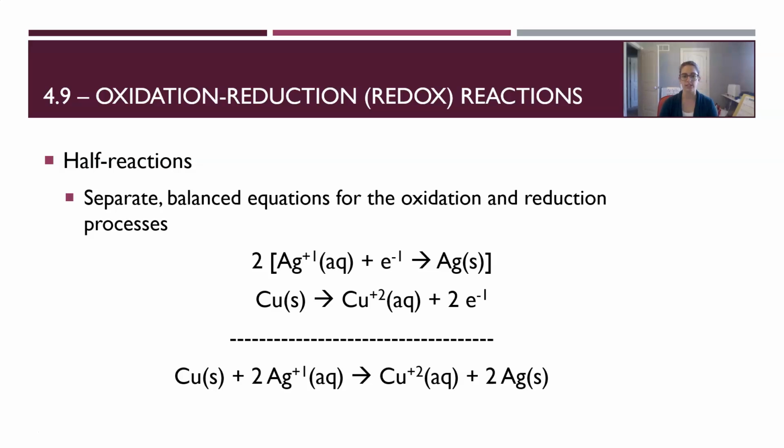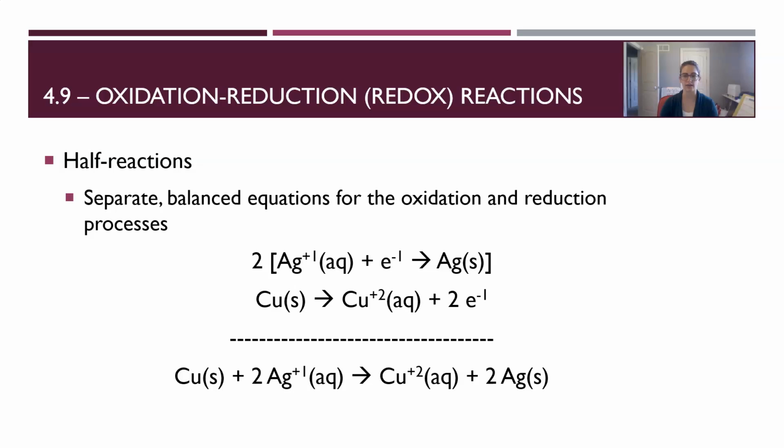So half reactions separate out the oxidation and the reduction pieces. So when we separate out these changes, we show electrons being added on the reactant side if it's being gained, so if it's going through reduction, and if it's going through oxidation, or losing electrons, we show the electrons on the product side.